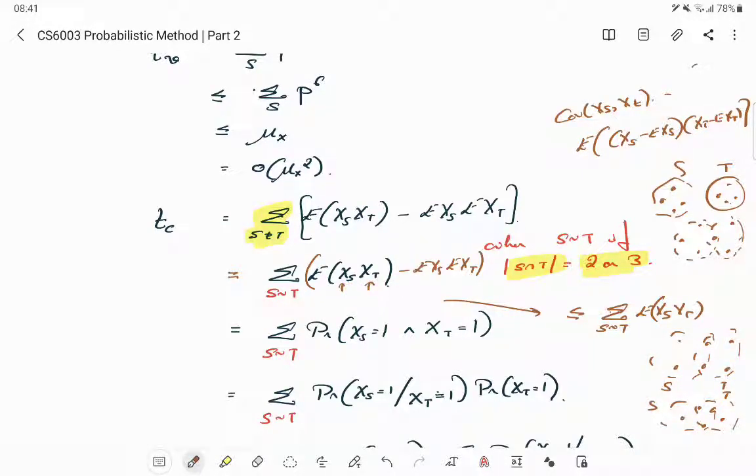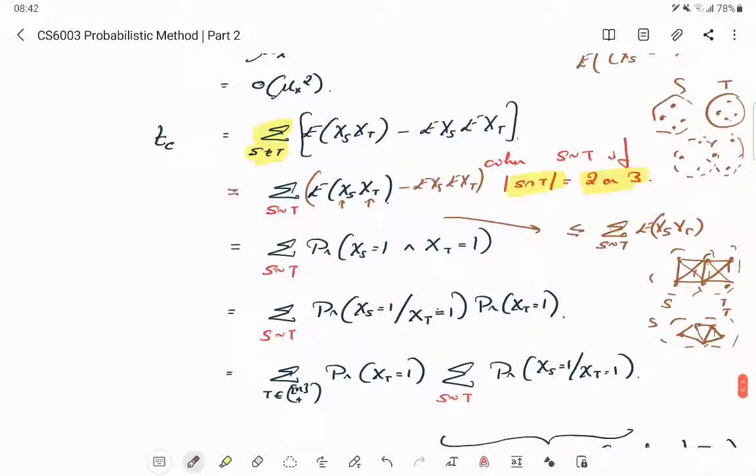XS XT will be 1 if both XS as well as XT are 1, which means in this case 6 plus 6 minus 1, all the 11 edges or so are there, and in this case, 3 plus 4, maybe 7 edges, all of them are what?